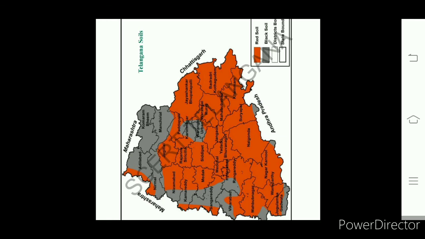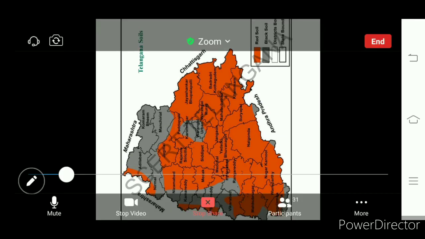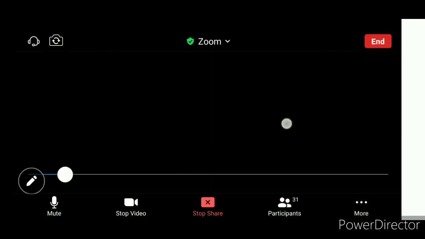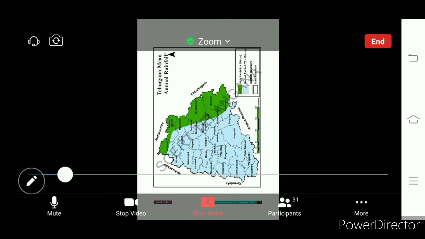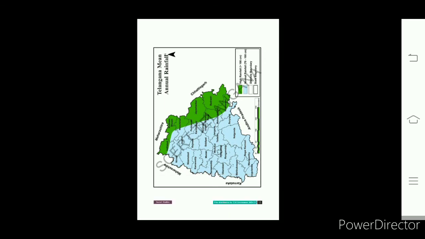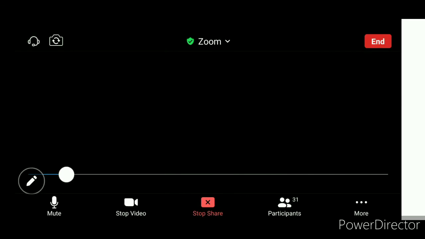A map that shows one particular thing. It focuses on only one particular thing. In this map, it is focusing on soils. So it is a thematic map. The next is a map focusing on rainfall, so it is also a thematic map.